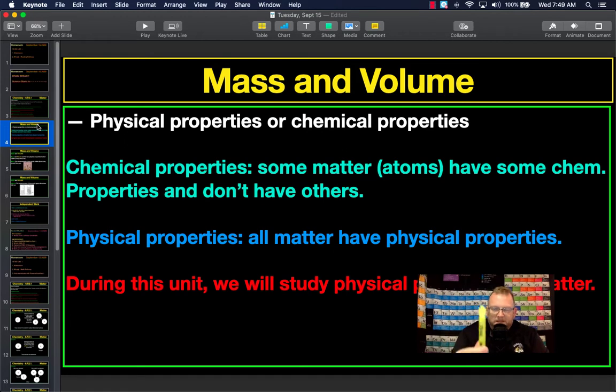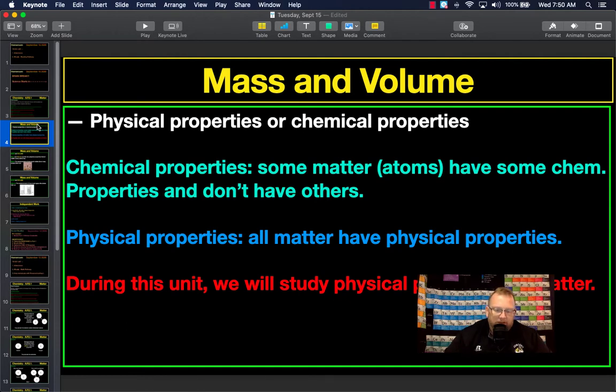So you've got this piece of matter and this piece of matter. Actually, let's use this, because I just told you that that's not magnetic. If this metal is magnetic and it holds to a magnet, this plastic is not. So this has magnetism, this one does not. So the chemical properties are things that they can have some of, or they cannot have some of. It's just kind of mix and match.